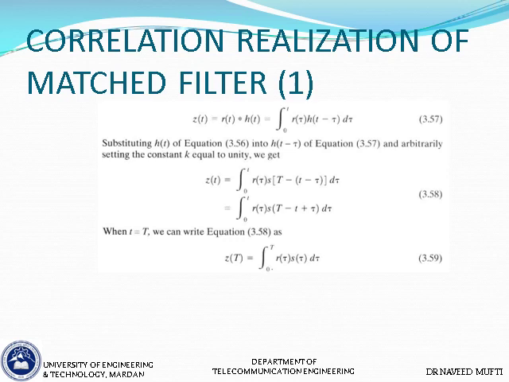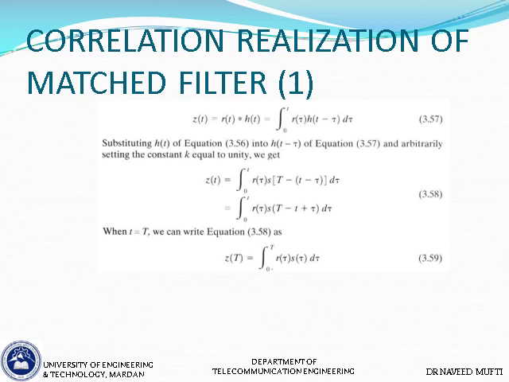So the output Z of t of a causal filter can be described in the time domain as the convolution of a received input waveform R of t with the impulse response of the filter. So that is how we can define Z of t. You've studied signals and systems, so you know that that is how we can represent the output coming out after the matched filter.